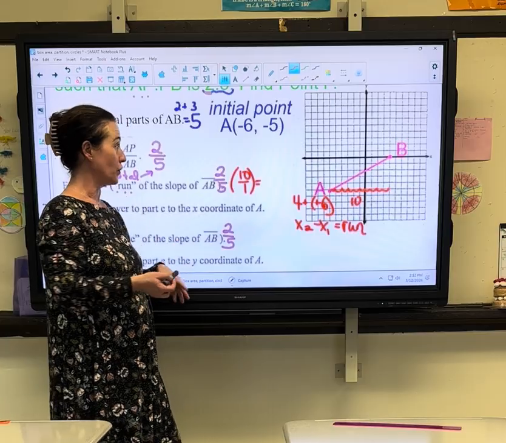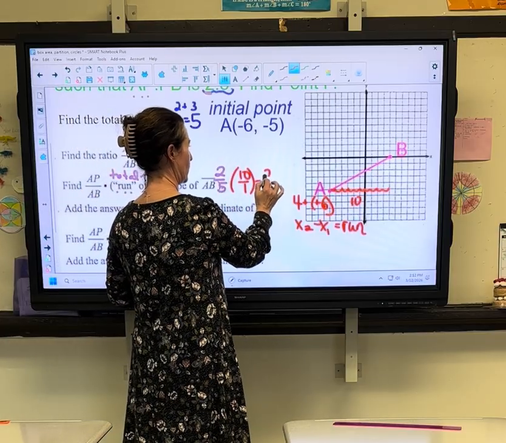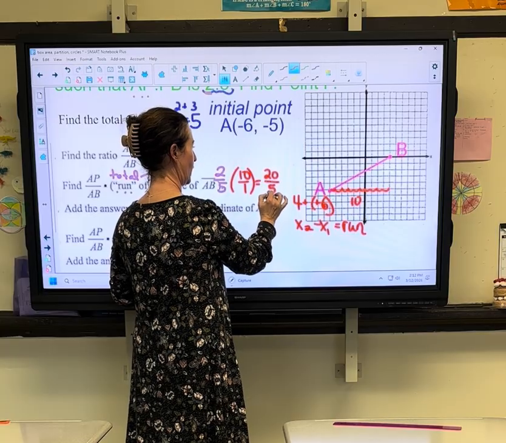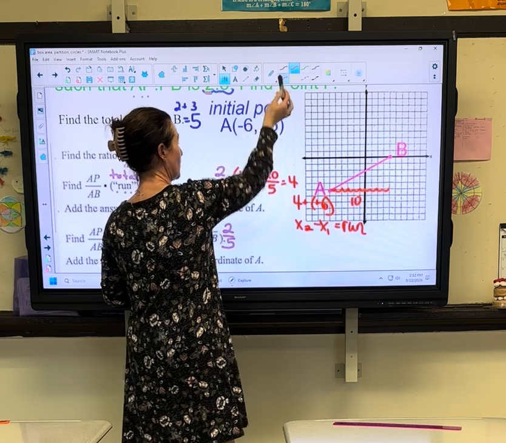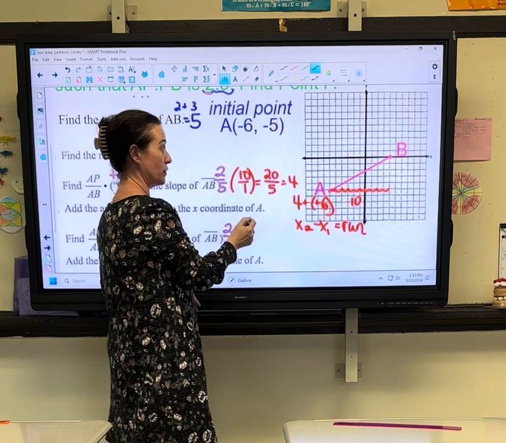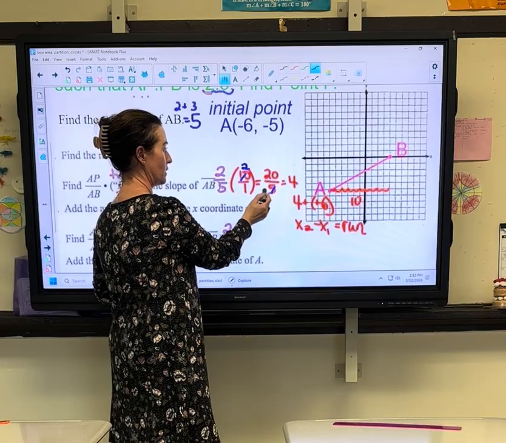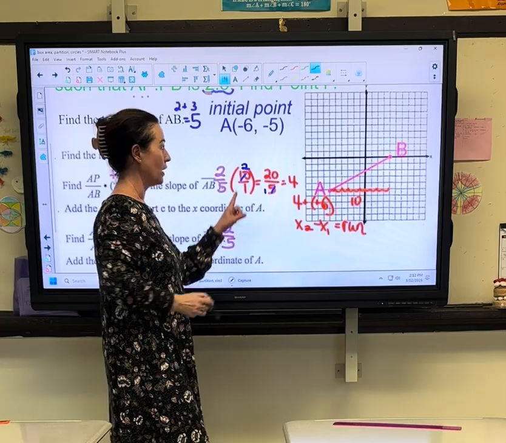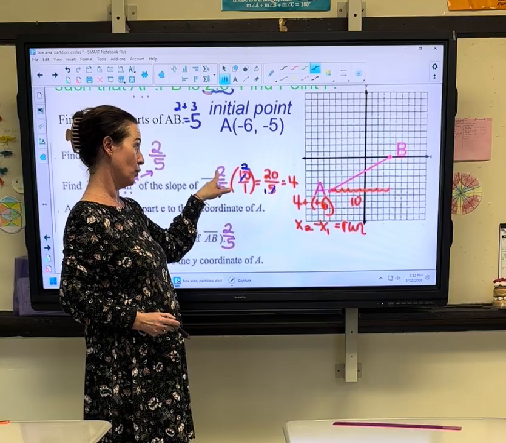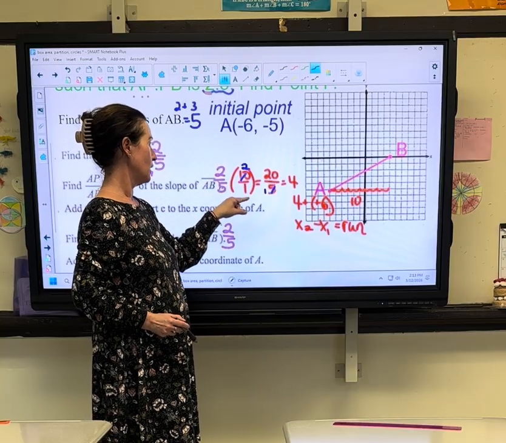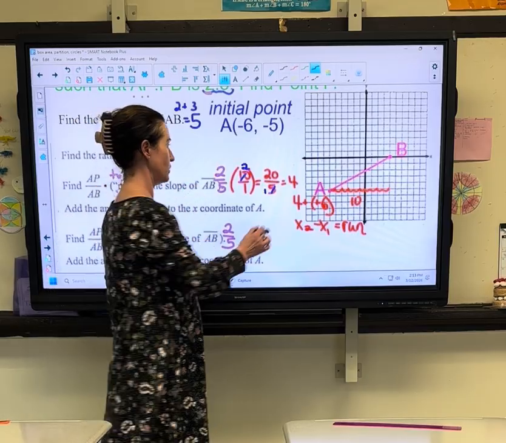Multiplying across, that would be 20 over 5, which equals 4. Option 2 is reduce first: 5 goes into 10 two times, leaving a 1, and then 2 times 2 is 4, 5 times 1 is... so 4 over 1. It depends what you want to do.